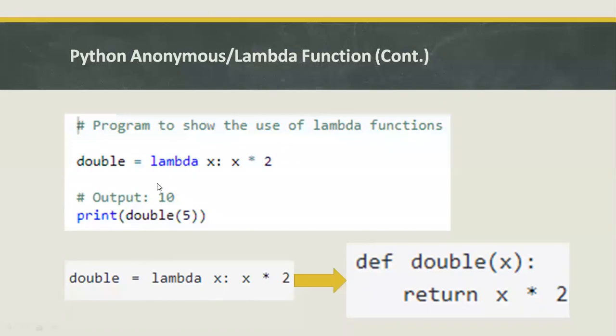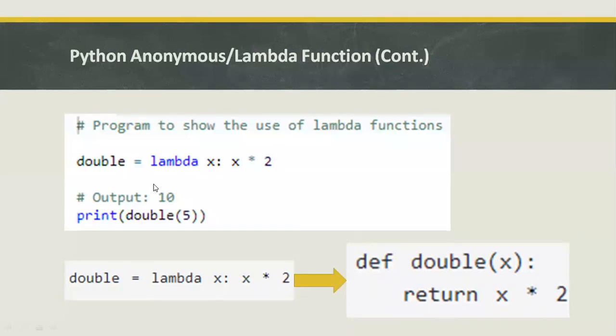Here we are passing the value 5 to this lambda function. The same thing is like this: define double, so this double function you have created, and you are passing the argument x, that is 5, and in return you get x into 2.